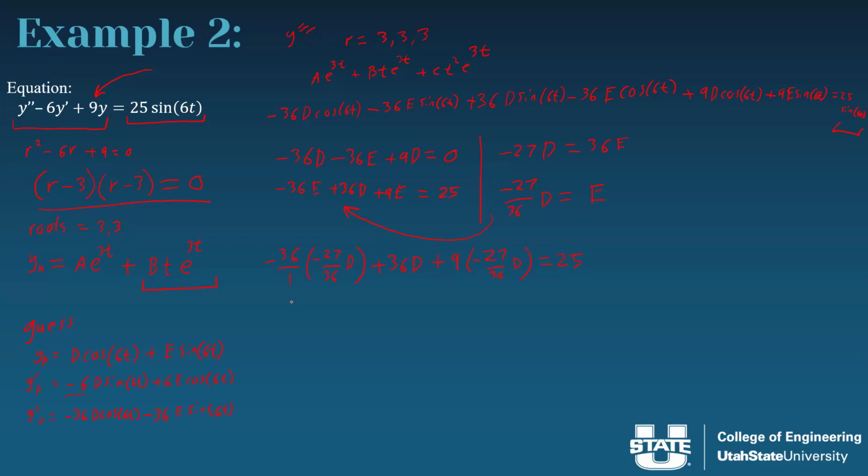Okay, so we do a little bit of simplification here. We're going to have a 27d plus 36d. And then this is going to be a minus 27 over 4 d equals 25. And when we plug this into the calculator, we're going to find that d equals 4 over 9.